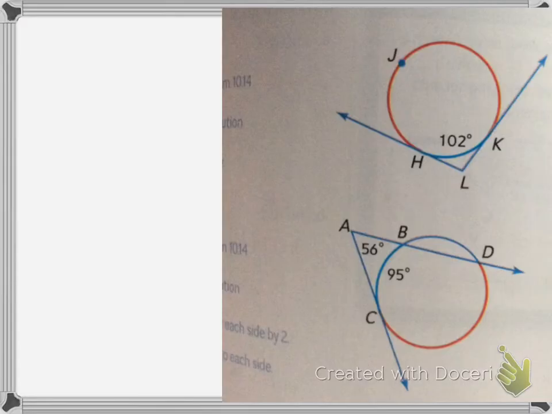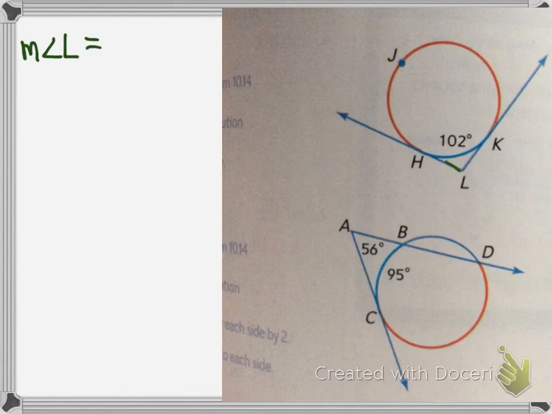So, a couple more examples here. In this one, if I wanted to find angle L, I would need to remember that HJK minus HK, half of that, is going to give me angle L. How do I find HJK? They're only telling me 102 degrees. Again, how many degrees are in a circle? 360.